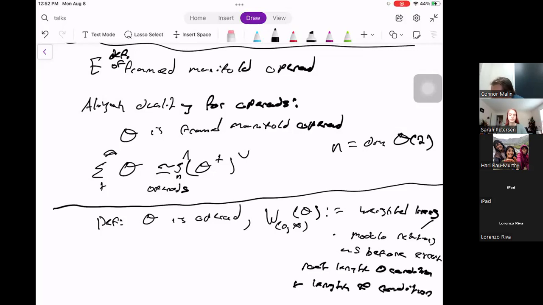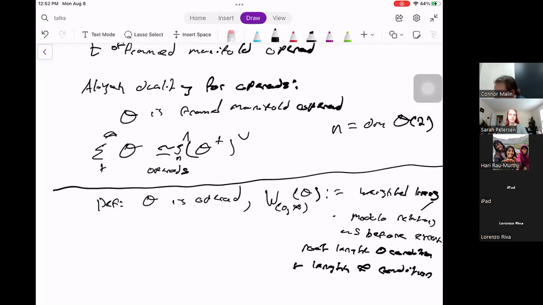So there can be length infinity edges anywhere, and the root edge can be anything, and we don't identify it with a point.